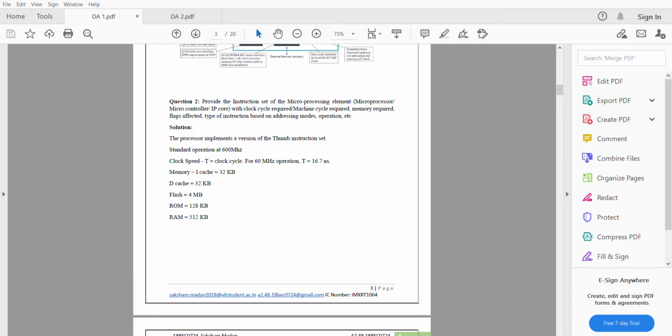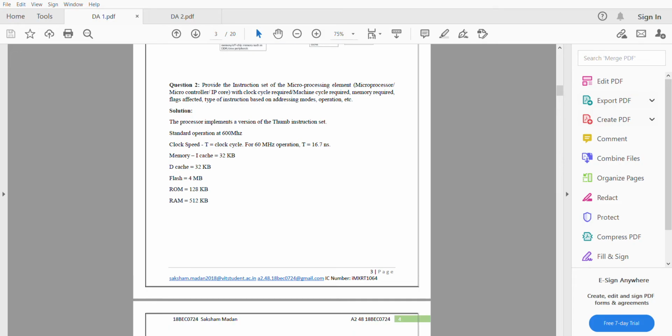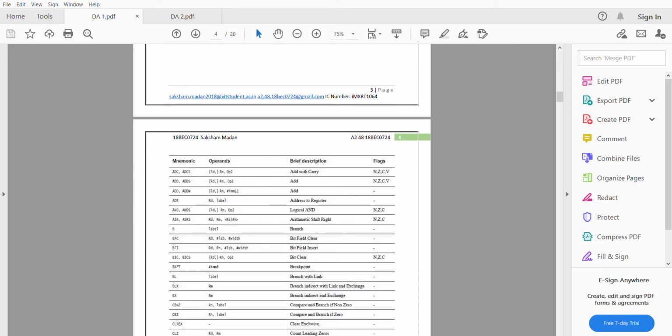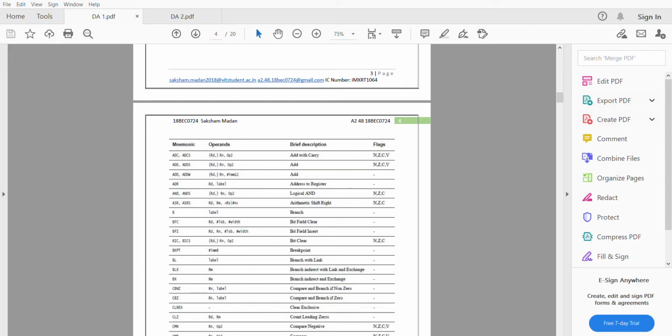Let's look at the instruction set. As you can see, what I have learned from this instruction set is that compared to the 8051 microcontroller or other old microcontrollers, which were the first microcontrollers in the industry, these modern microcontrollers have many more instructions, but these instructions are very important.